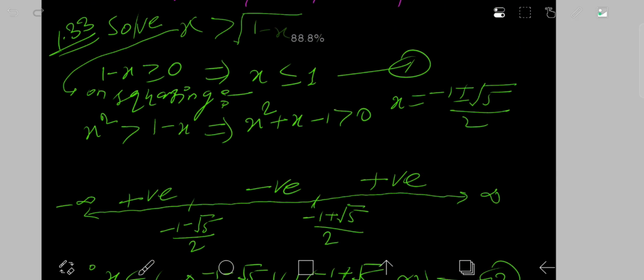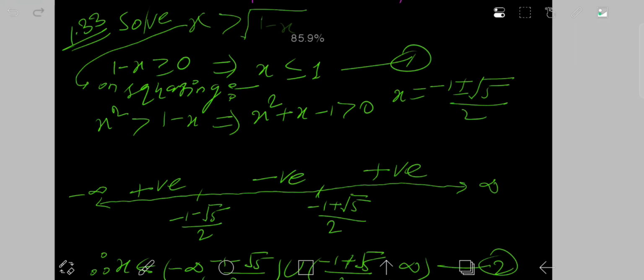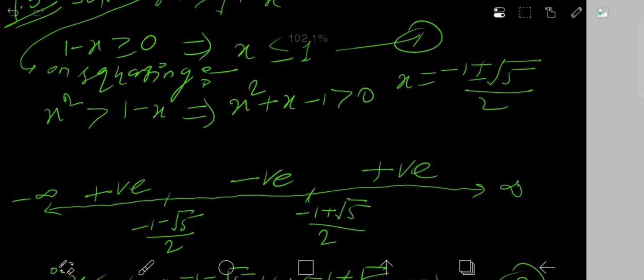The first condition is x is less than or equal to 1; minus 1 plus root 5 divided by 2 gives 0 point something, so this portion is common.